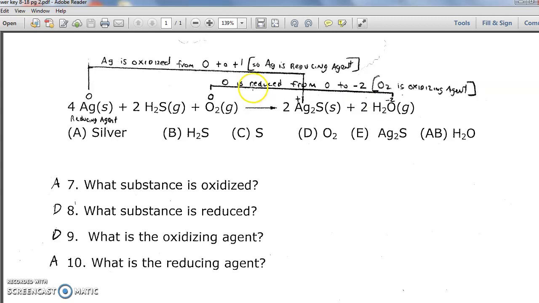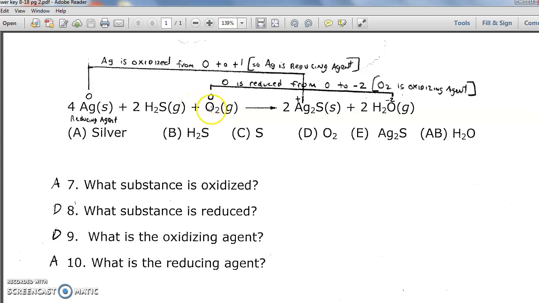So the oxygen goes from 0 down to the number it wants to be, which is -2. That number is reduced. 0 down to -2 is a reduction in the number. In oil rig, rig stands for reduction is gain in electrons.